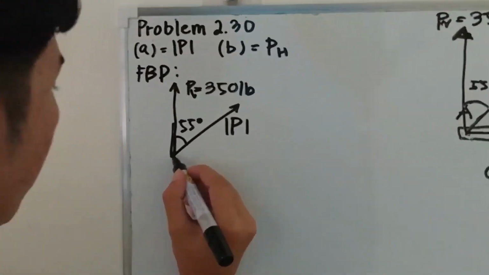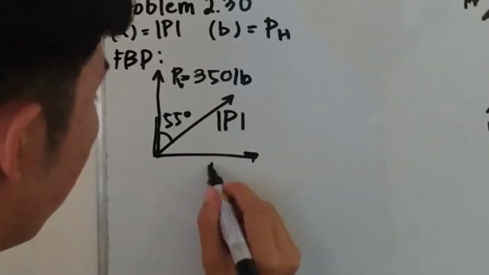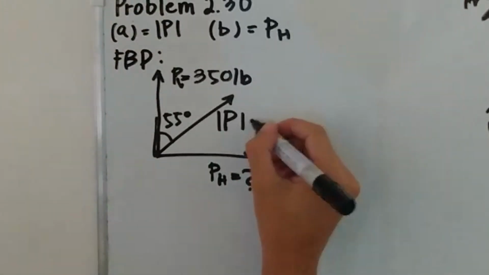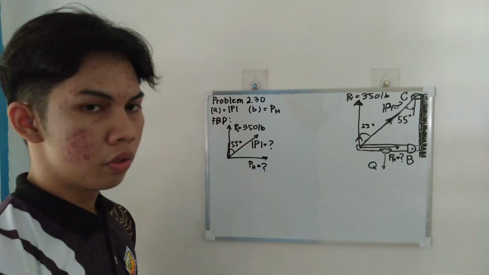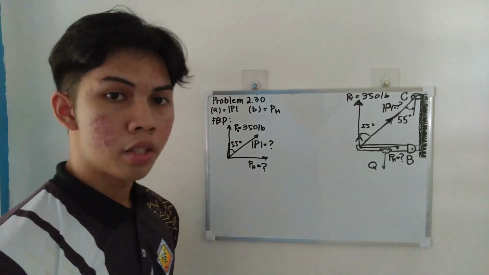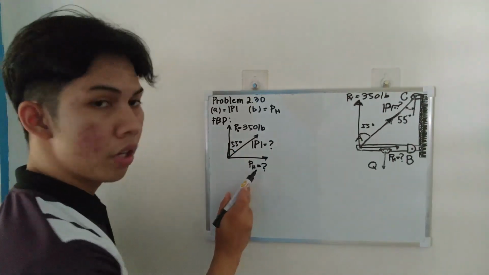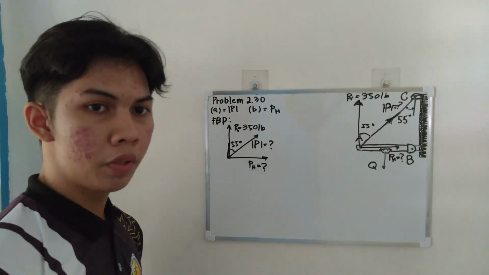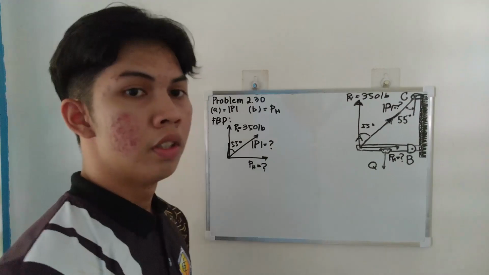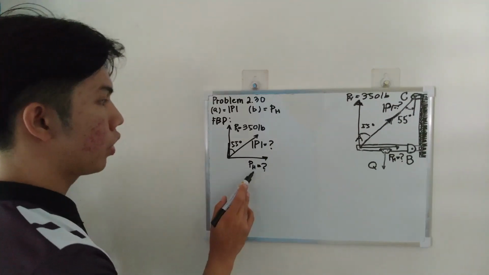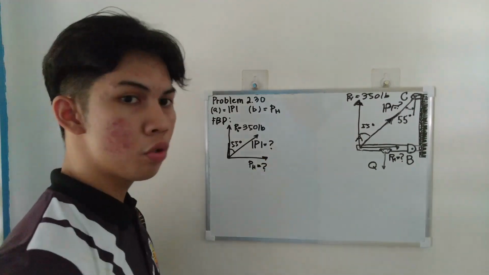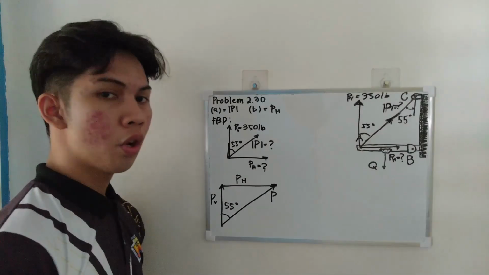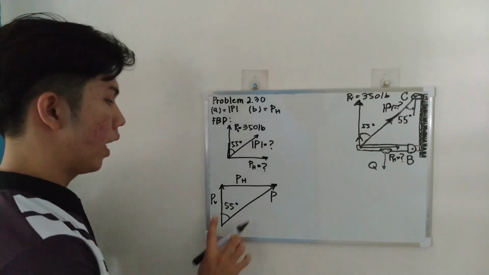We also have a horizontal component here. As we know, P vertical and P horizontal are the components of this force P. So by adding PV and PH, we'll get the force P. We can also move the P horizontal in here, so it will turn out to be like this.